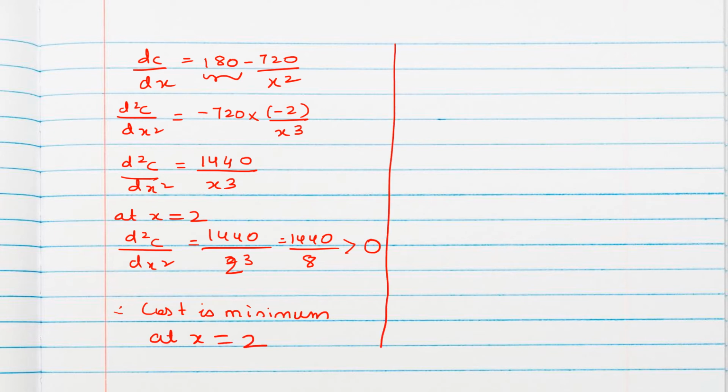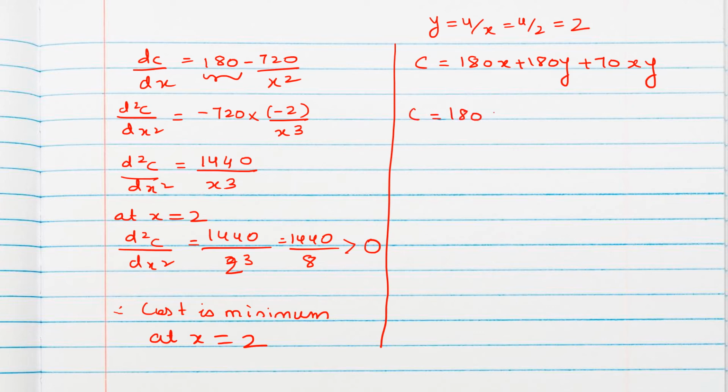So now we should find that minimum cost. We got C as 180x plus 180y plus 70xy. So x is 2, so y will be what? We know y is 4 by x. So 4 by 2 means 2. The y value will be 2. So these two we will substitute here.